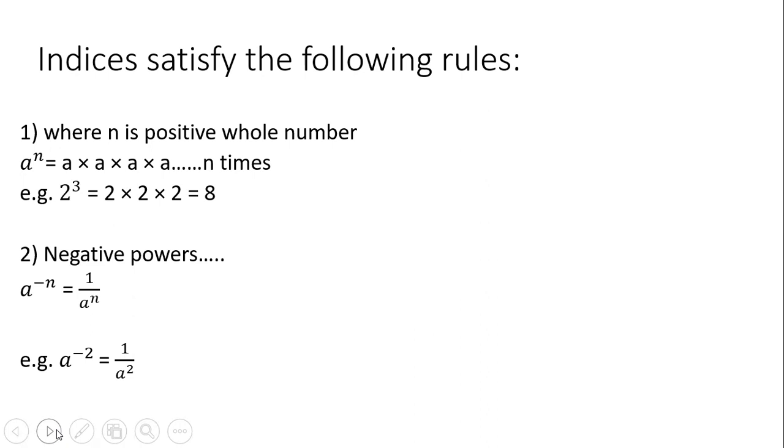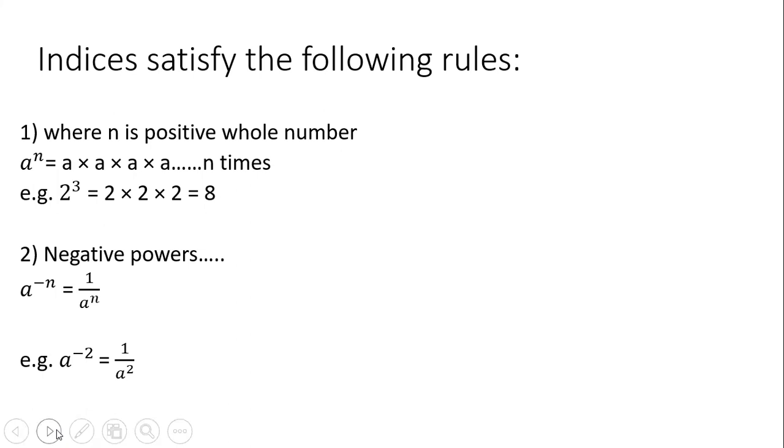When we raise a to the power minus n, we get 1 over a raised to power n. For example, a raised to power minus 2 gives 1 over a raised to power 2. Are we together?